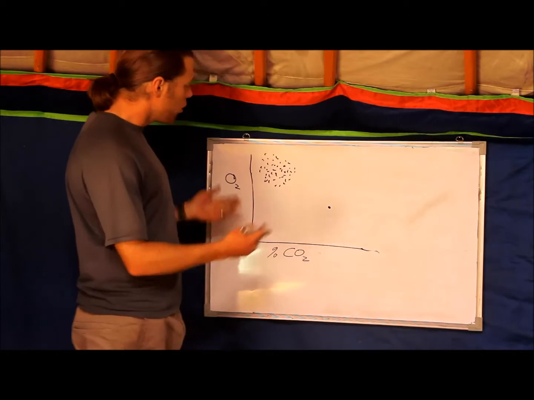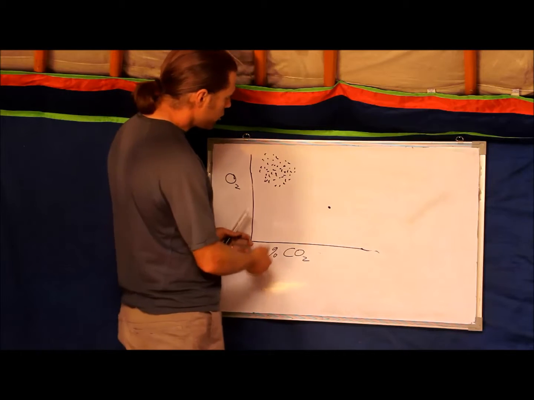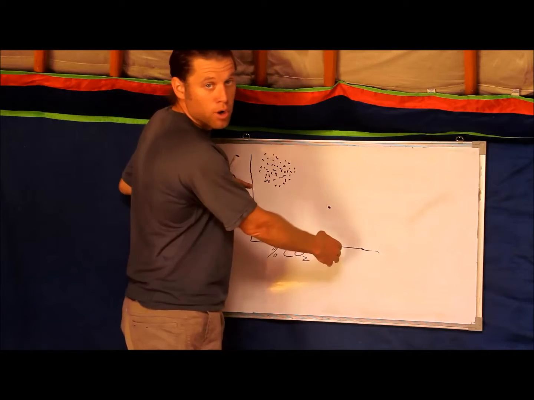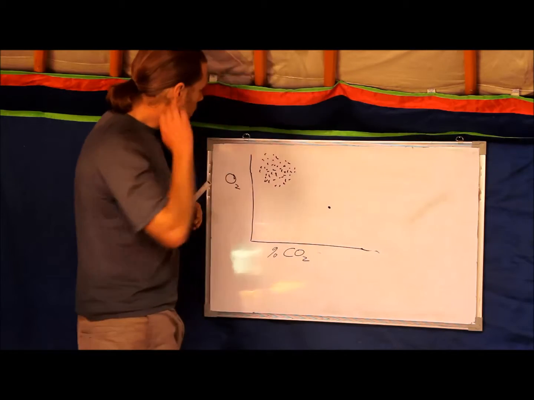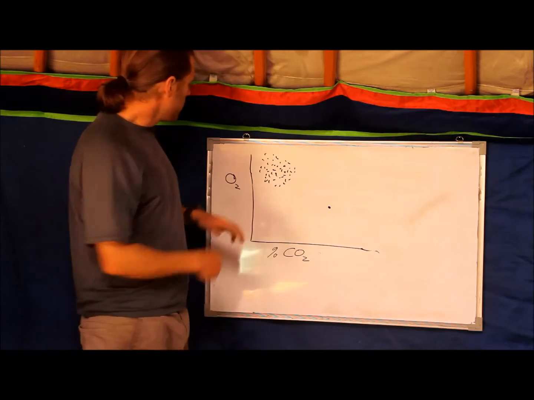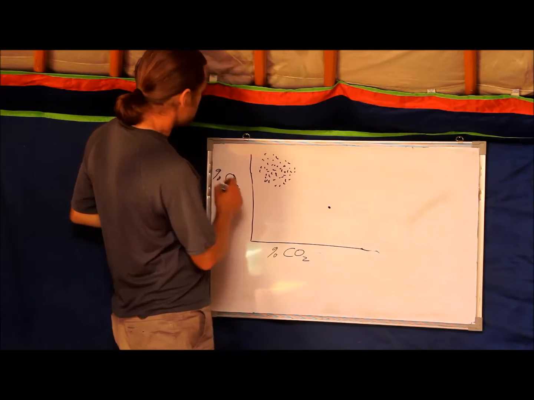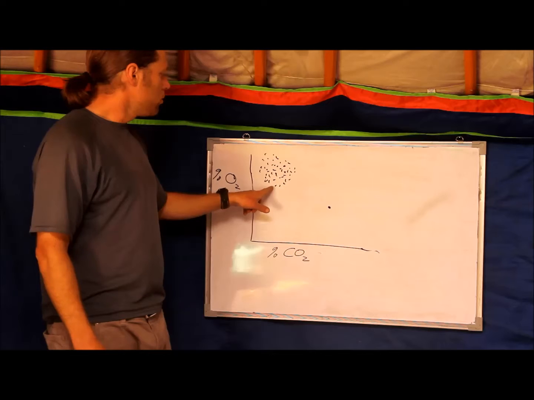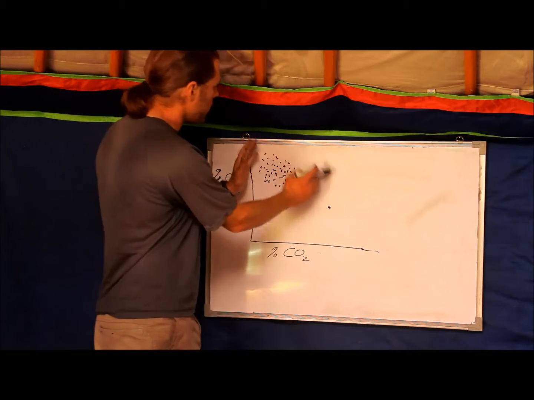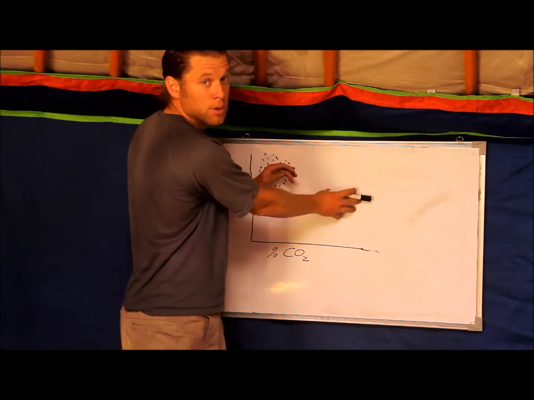So maybe you say that, in general, the more carbon dioxide you have in the blood, the less oxygen you have in your blood, so let's make it percent oxygen in your blood. But if you look at just these points, without this one, that looks like no relationship at all.